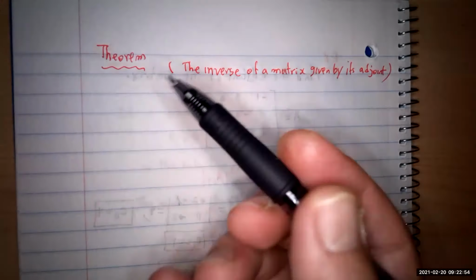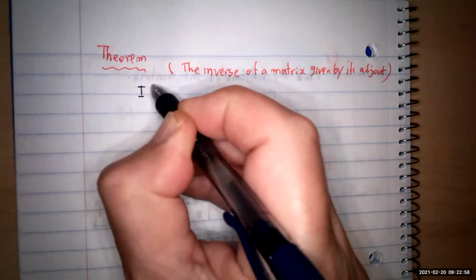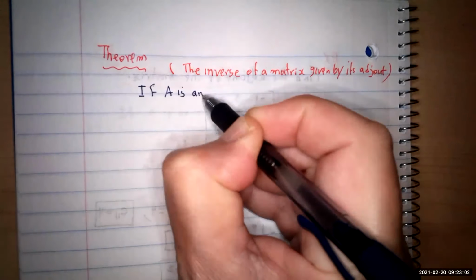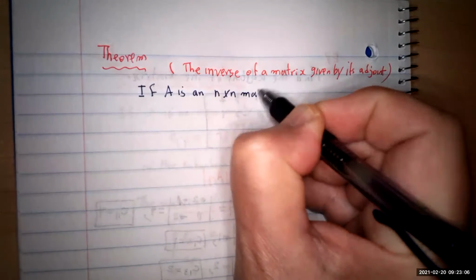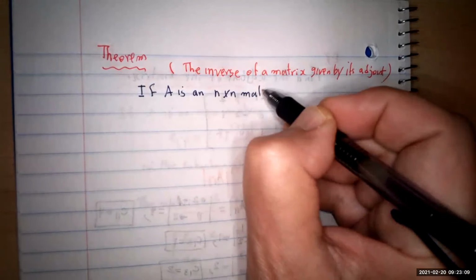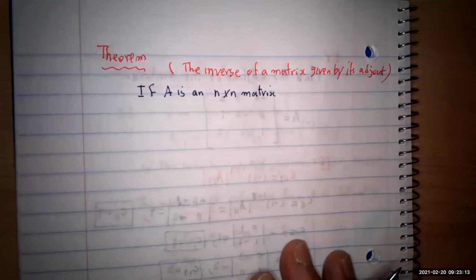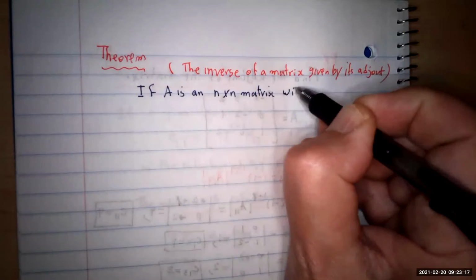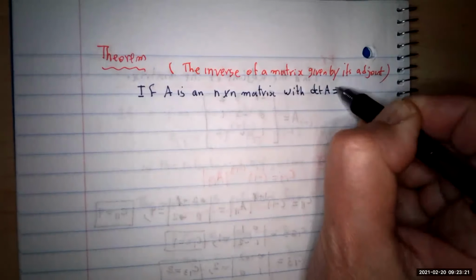So this is a theorem, exactly the one that I showed you. If A is an n by n matrix, it must be invertible with determinant of A not equal to 0.